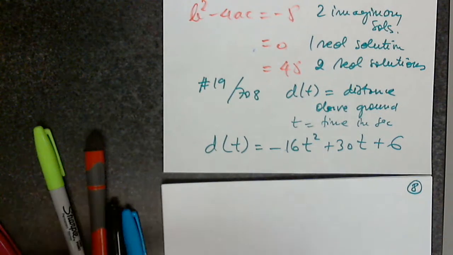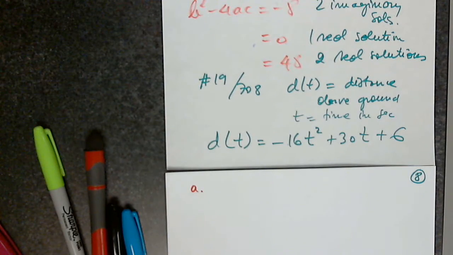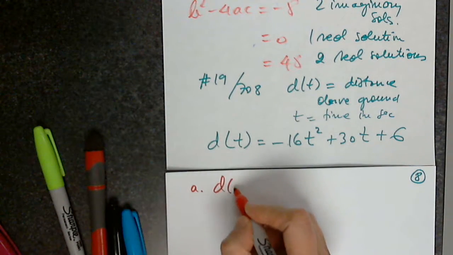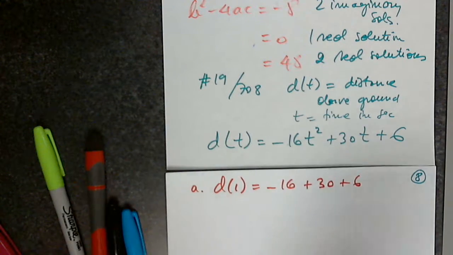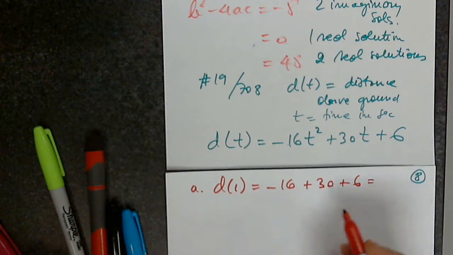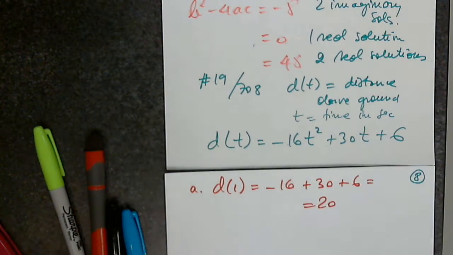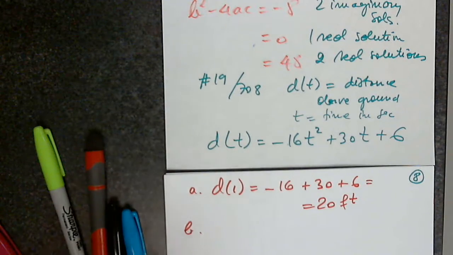So would it be d of 1? Of course. d of 1, which is negative 16 plus 30 plus 6. Very good. 30 plus 6 is 36. 36 minus 16 is 20. Please remember the measurement unit. Feet.